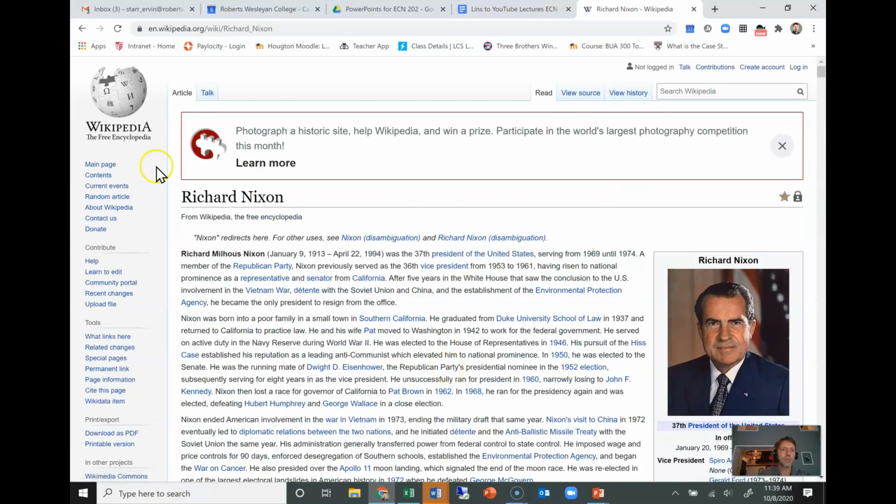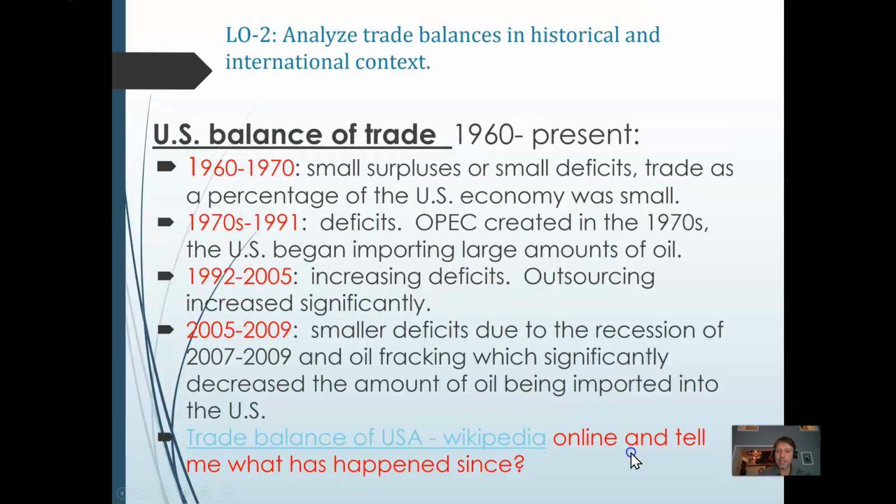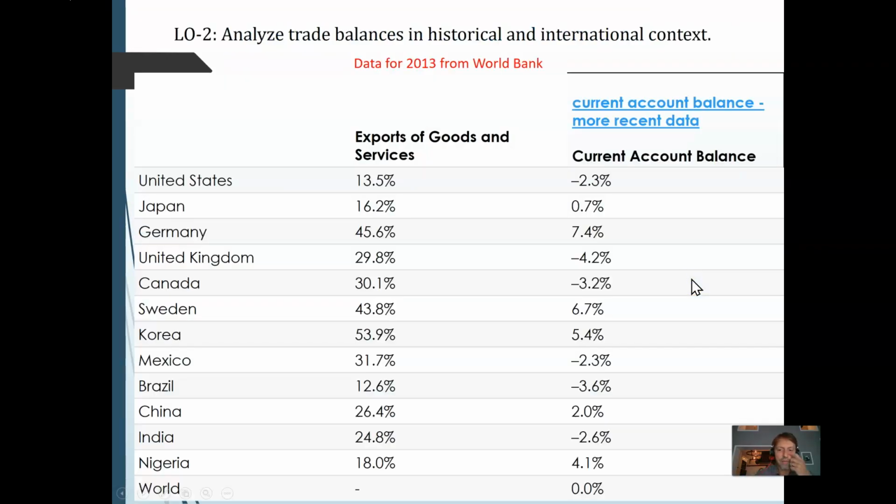I don't know why it just went to Nixon. Let's go back. And you can see what's happening with it all the way up to 2019. So that's the beauty, right, of us having internet access, is that you can quickly get real-time data that's not available in textbooks. So that's why those links are there. Please take a few minutes and just look at them.